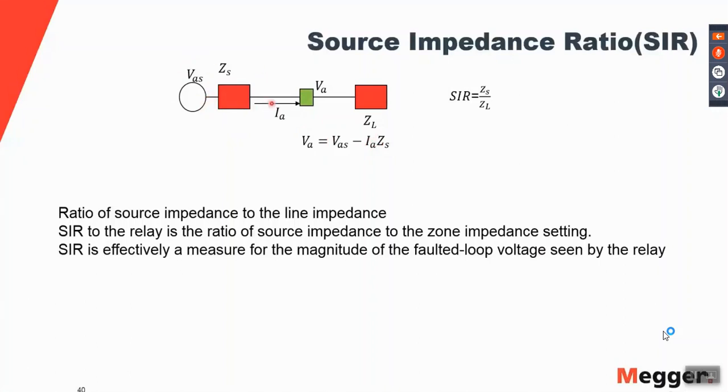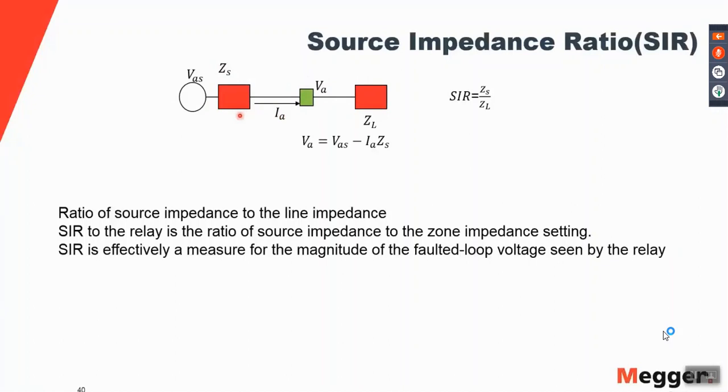So the higher this impedance, and remember, this current depends on several things, but the current is going to be higher the closer the fault is to this point here. Correct? Because you're going to have less of the impedance of the line in between this point and the fault. So what's going to happen is that the higher the current that circulates, the lower this voltage is going to be. And the higher this impedance for the same current, then the lower this voltage is going to be.